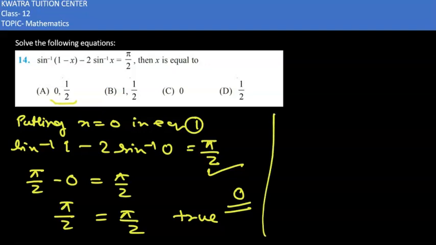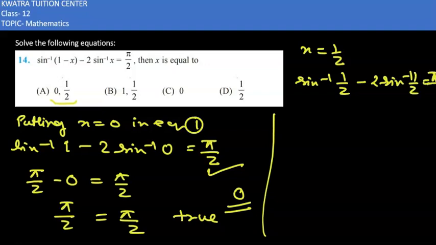But when we put x is equal to 1 by 2 in the same equation, sine inverse 1 by 2 minus 2 sine inverse 1 by 2 should be equal to pi by 2. So this will give us minus sine inverse 1 upon 2 equal to pi by 2.